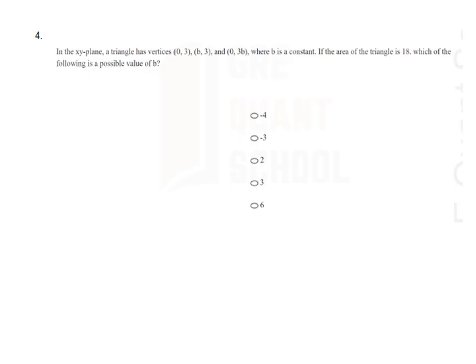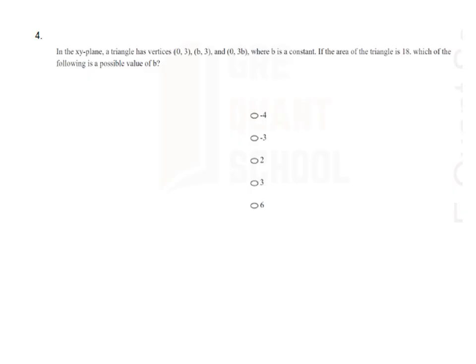So now we know that the area of the triangle is 18, that is half into base into height equal to 18. So how can we find the height and base? We can find the height and base from the points given here.